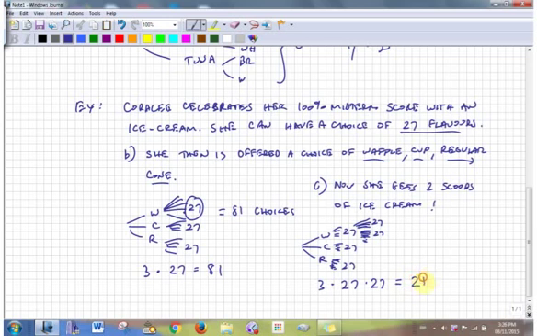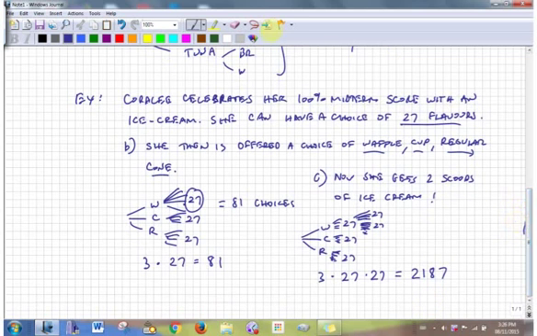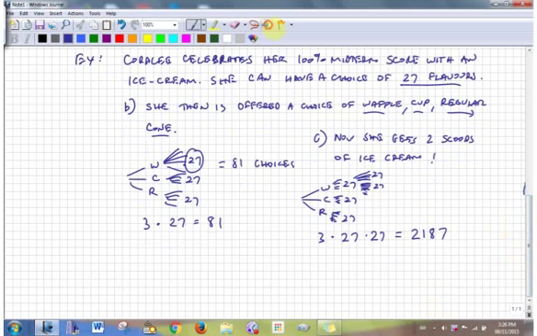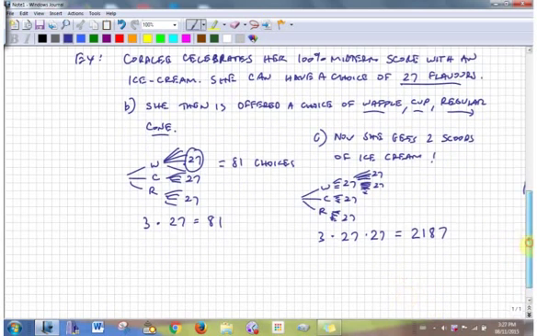Put that in your calculator. Yeah, that's a lot of little lines I don't really want to write. It's amazing, eh? Just a simple ice cream cone, and you have 2,187 choices of how you could get that cone.